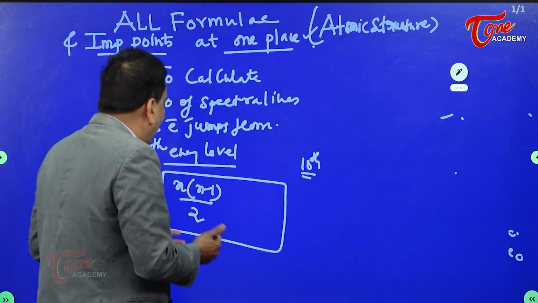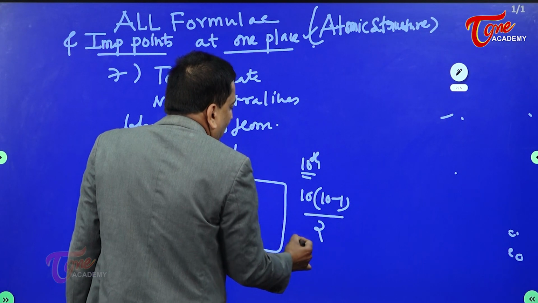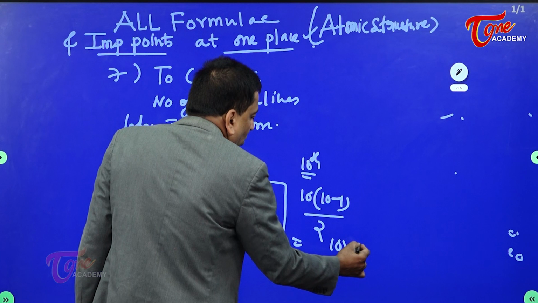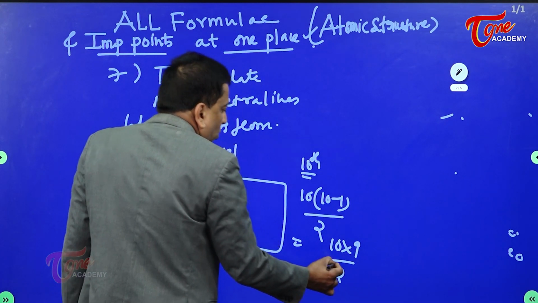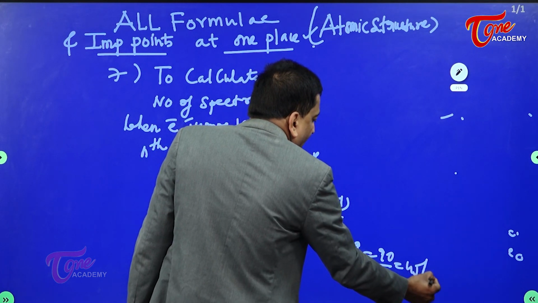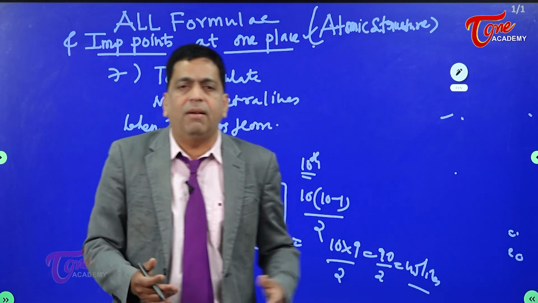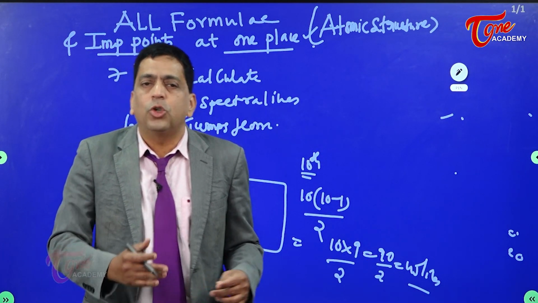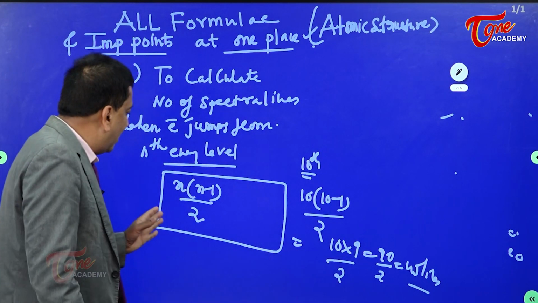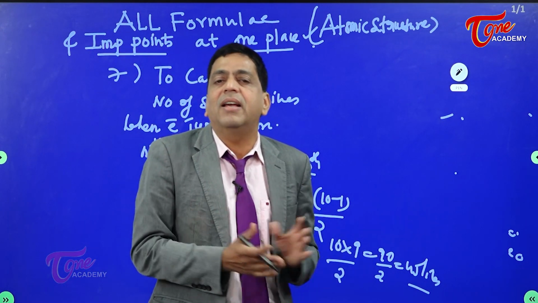It is 10 into 10 minus 1 by 2, that is 10 into 9, which is 90 by 2, which is 45 lines. So whatever energy level it might go to, if he is asking how many lines can be produced, use the formula n into n minus 1 by 2, where n is the nth energy level to which it is getting excited.